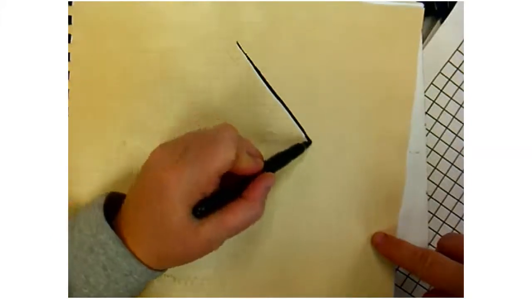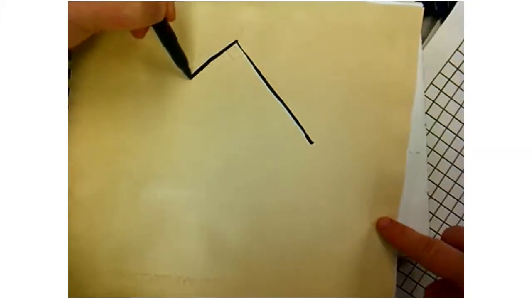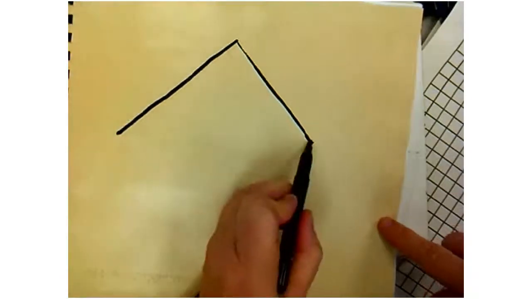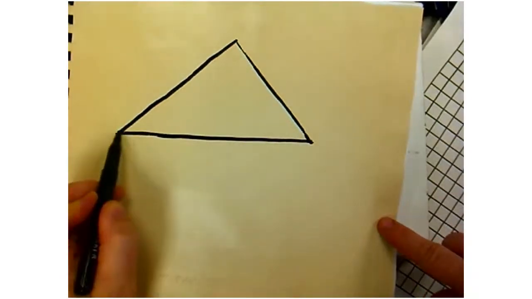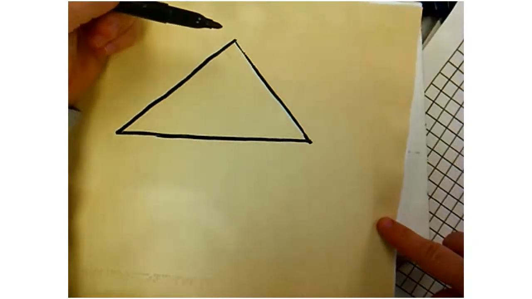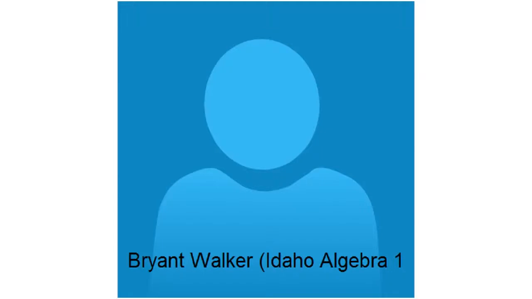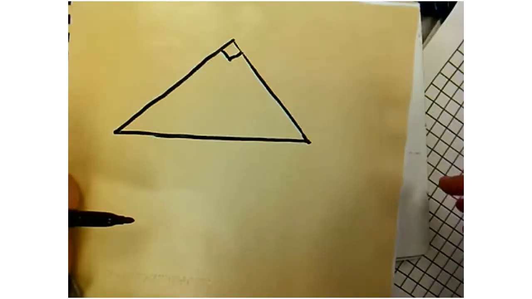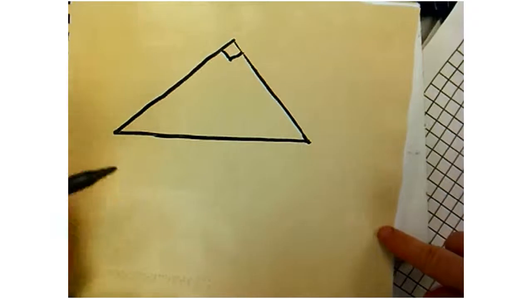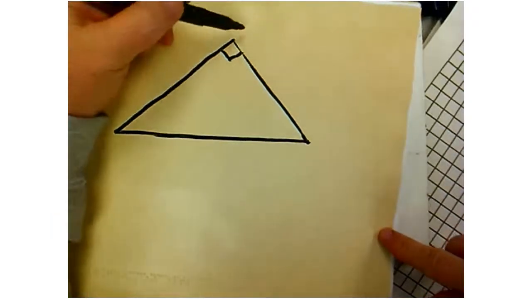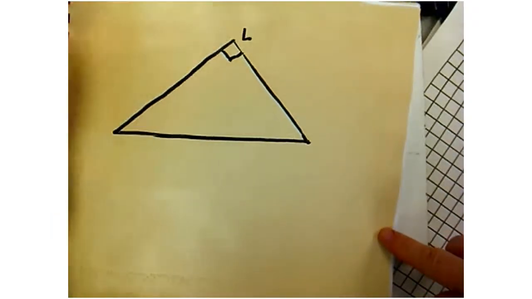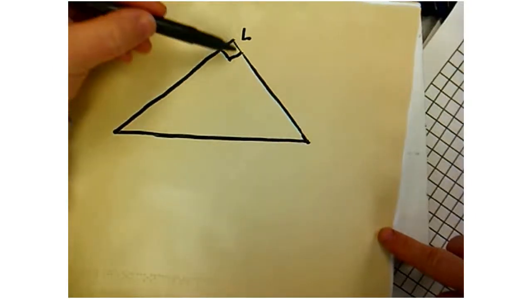189H. We have a big old triangle at the top of our page. Take a look at that one. Is it a scalene right triangle? It is a scalene right triangle. Excellent. At the top, they've labeled that vertex L, and that's 90 degrees.